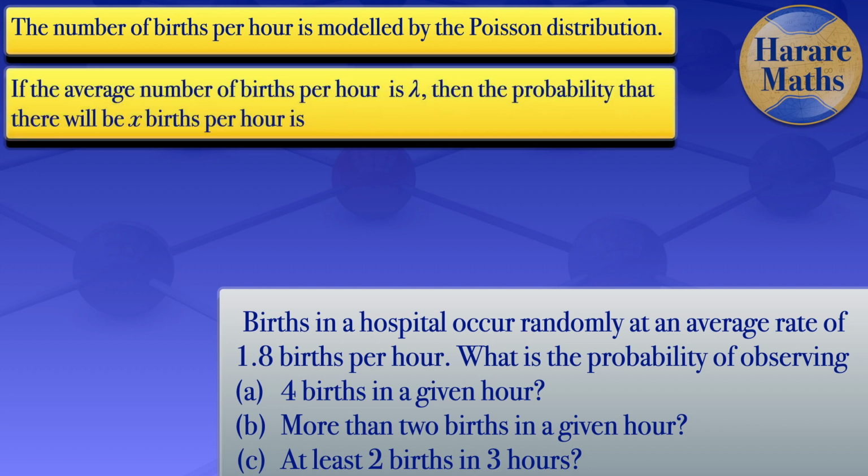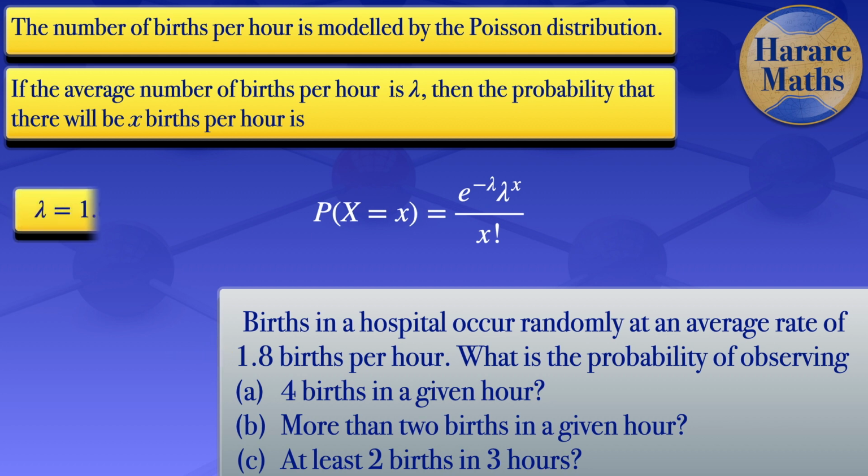If the average number of beds per hour is lambda, then the probability that there will be x beds per hour is P(X = x) equals e to the power of minus lambda, multiplied by lambda to the power x, divided by x factorial. That's the Poisson distribution there. In this case, we are given that our rate is 1.8 beds per hour, so I can write down that our lambda there is 1.8.